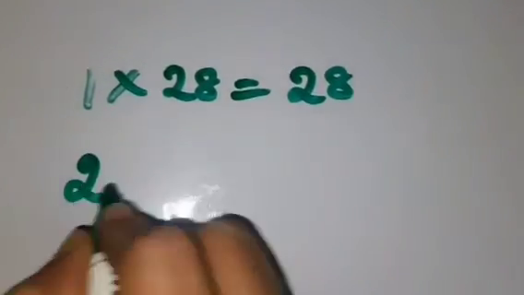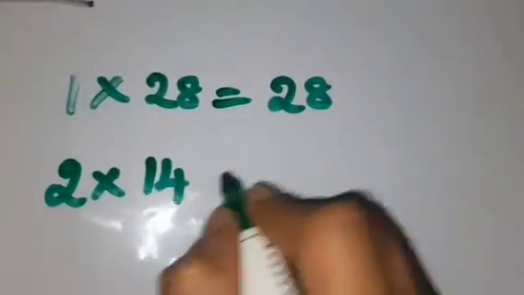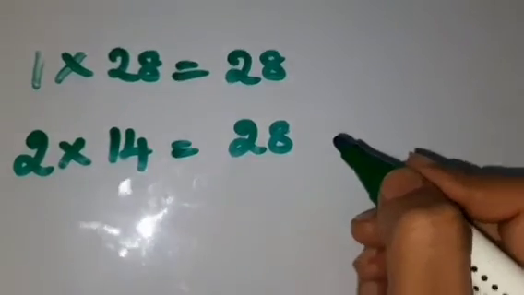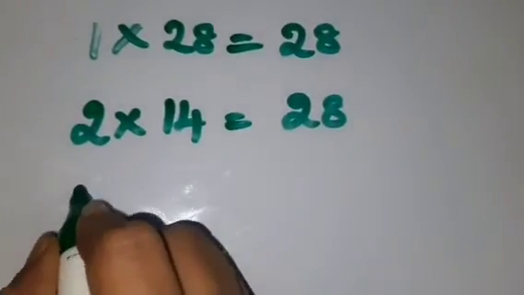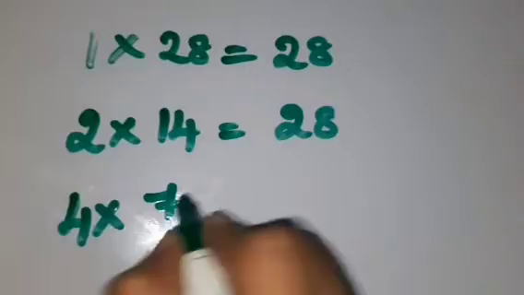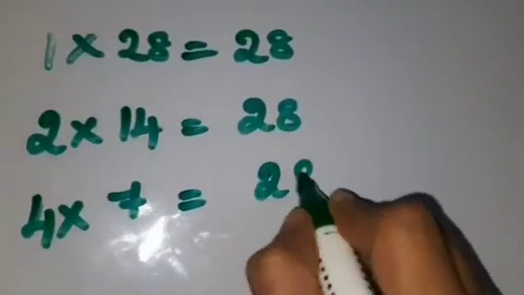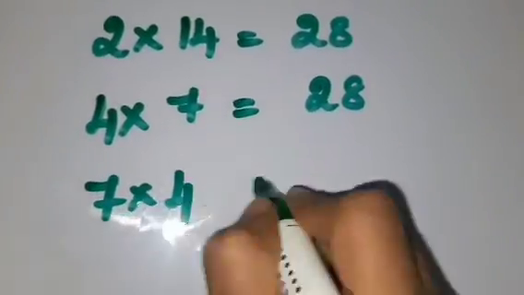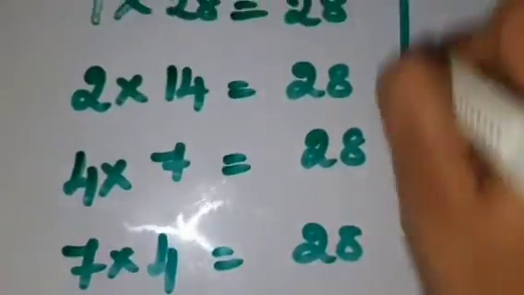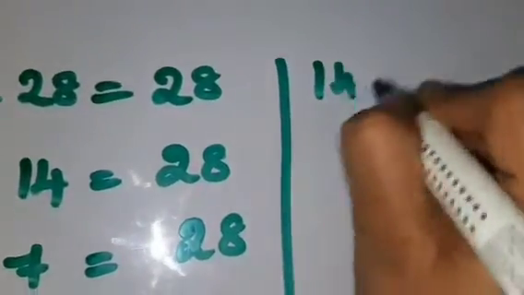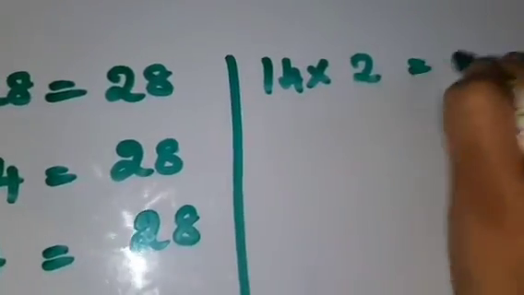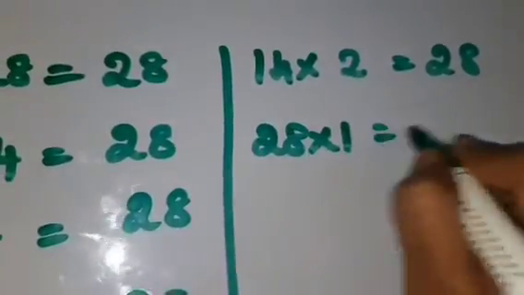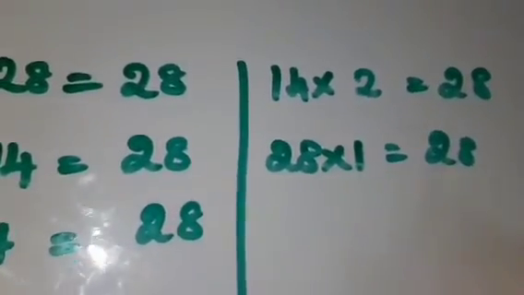Then 2 into 14 will give the multiple as 28. 4 into 7 will give you the product 28. 7 times 4 is 28. 14 times 2 equals 28. 28 into 1 will give you 28.